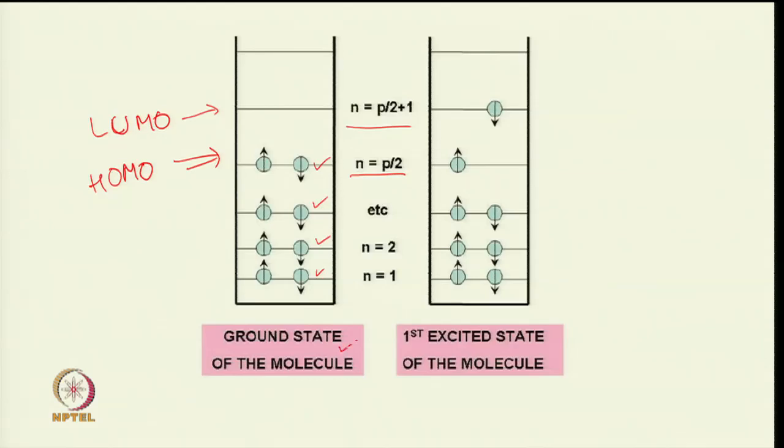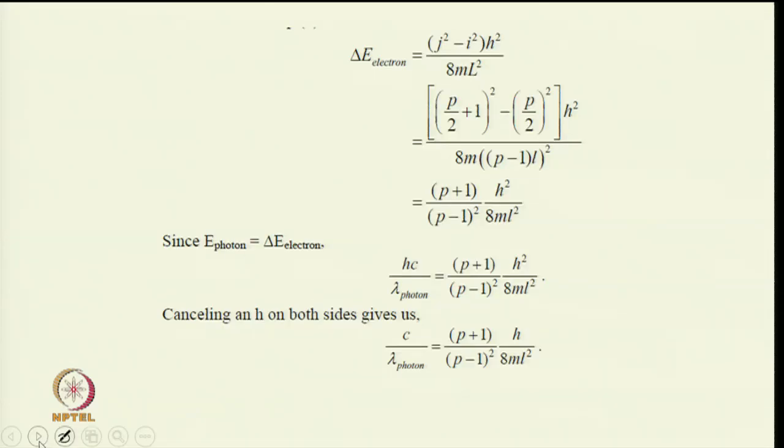Okay. So, this is your ground state of the molecule, and the first excited state is when 1 electron from HOMO goes to LUMO, and now we can calculate delta E. So, delta E is equal to j square minus i square times h square by 8 m L square.